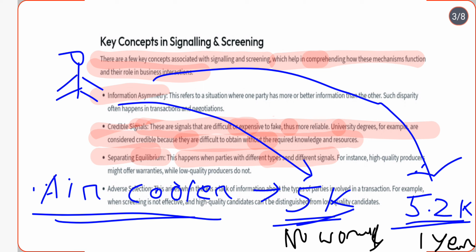So obviously this seller, who is keeping the price at 5.2 thousand, is much more confident about his product. That's why he is giving a 1 year warranty. That is a way of signaling: as you are giving the warranty, that means your product quality is good enough to be sold. So for instance, high quality products might offer a warranty while low quality products will not.